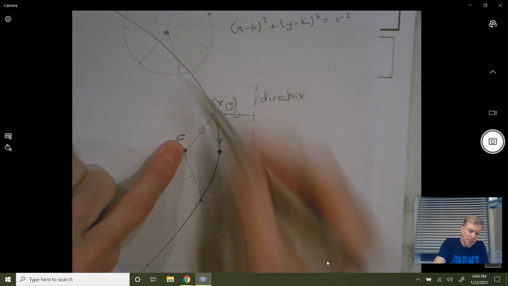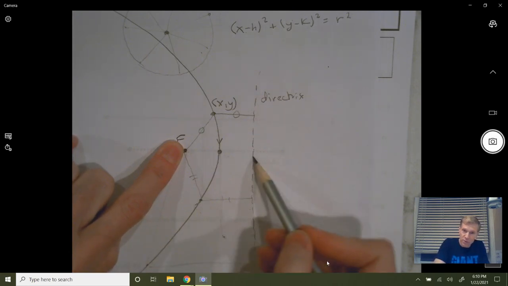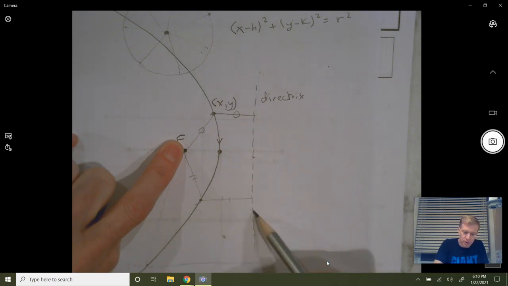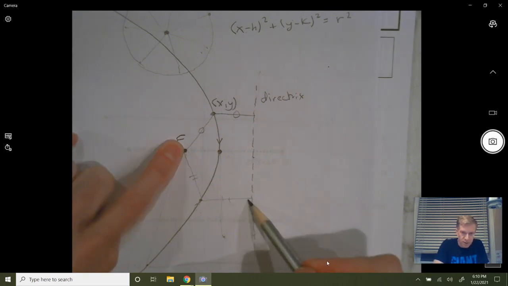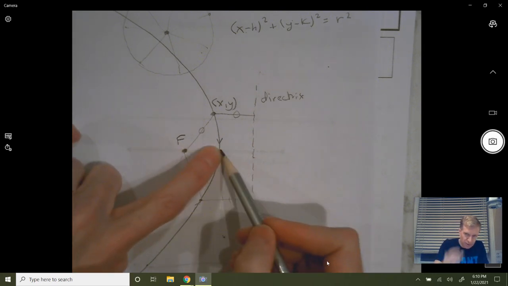And that made my parabola open to the left. It's going to open always away from your directrix because you're not going to cross the directrix. If you cross the directrix at some point, your distance from the point to the directrix would be 0. You don't want that because it needs to be equal distance from here as it is to this fixed point. And that distance from both can't be 0 unless these were on top of each other.